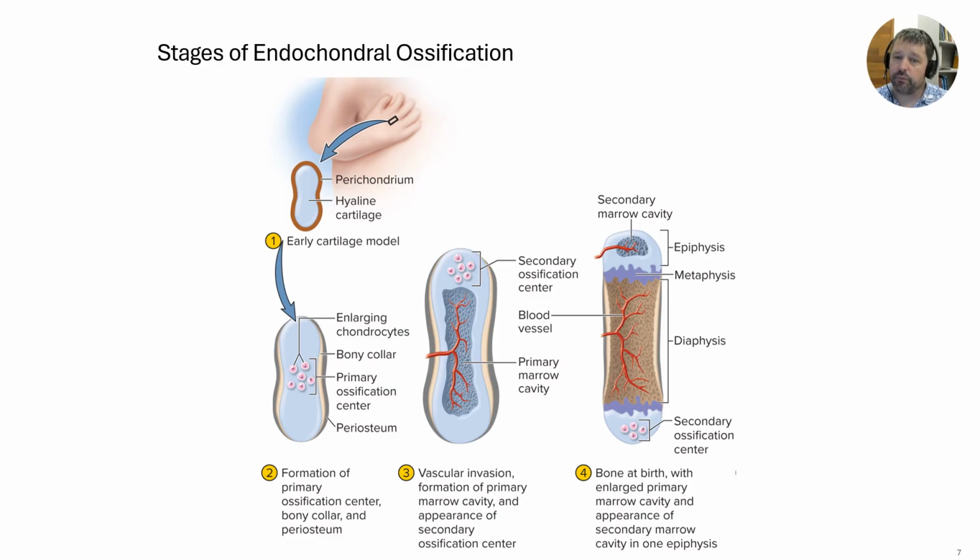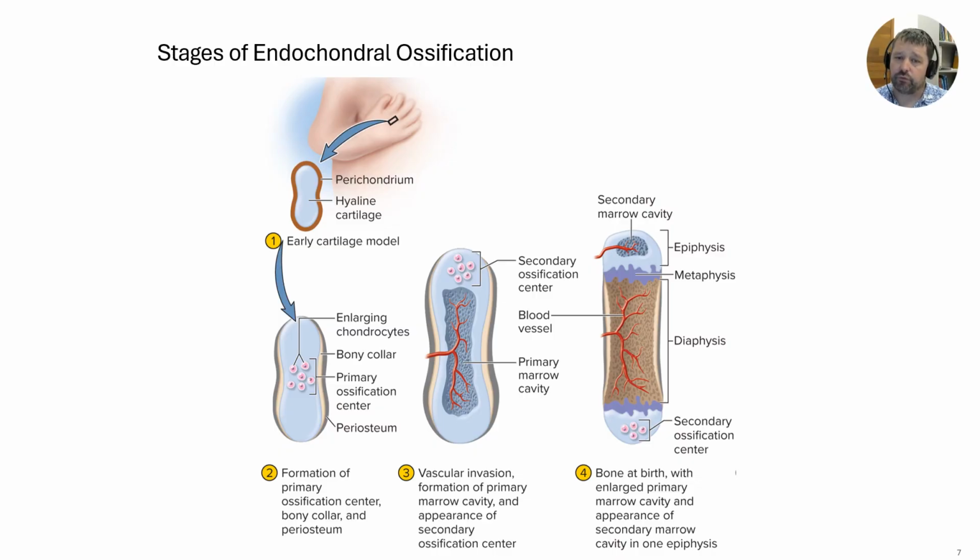There will be some ability for blood vessels to penetrate, so you'll have cavities that form through the periosteum into this new chondrocyte, hyaline cartilage matrix. Blood vessels now encounter it, and when they do, they can bring calcium and phosphate or hydroxyapatite to the region.